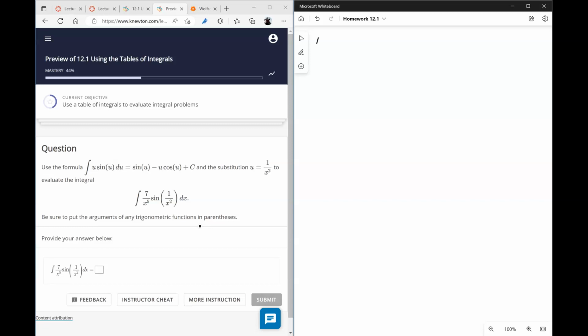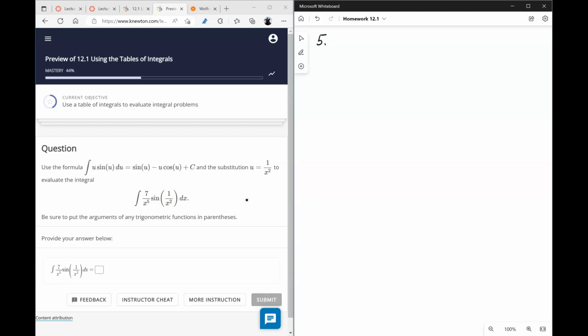Let's do question number 5. I didn't even read the problem, to be honest. Actually, oh yeah, this is a different problem, right? So they suggest we use the substitution and the formula.